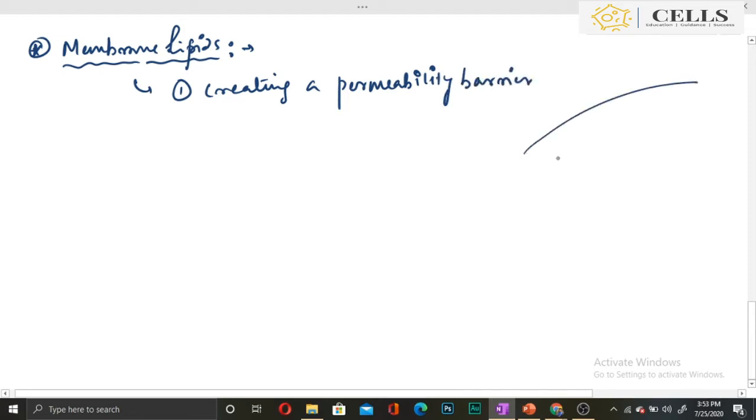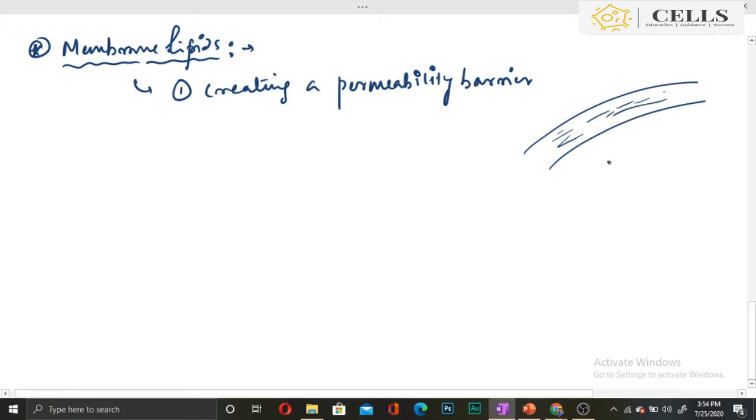These membrane lipids have a major role in creating a permeability barrier. Suppose this is the membrane, and these are all the lipids. We know that lipids are non-polar, and all the interactions taking place inside the lipids are hydrophobic interactions.